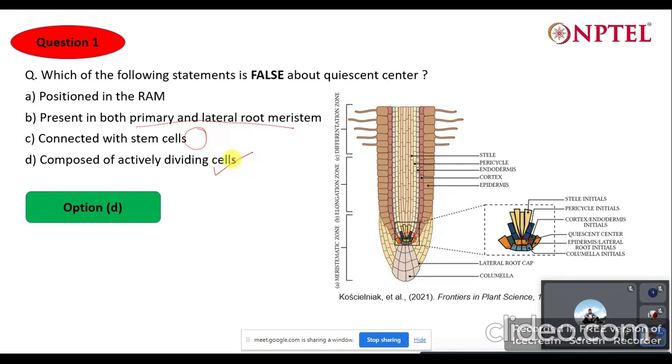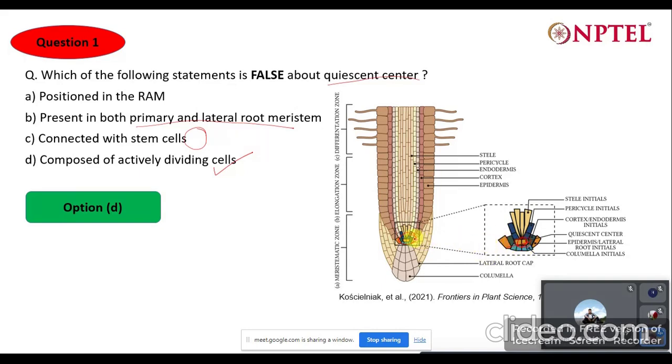So I am repeating this question again. Which of the following statements is false about the quiescent center? The quiescent center is present in the root apical meristem, as can be seen in the figure, and it is surrounded by the stem cells that are actively dividing cells, but it is the region that is not actively dividing, and the cell cycle has been arrested in this region.